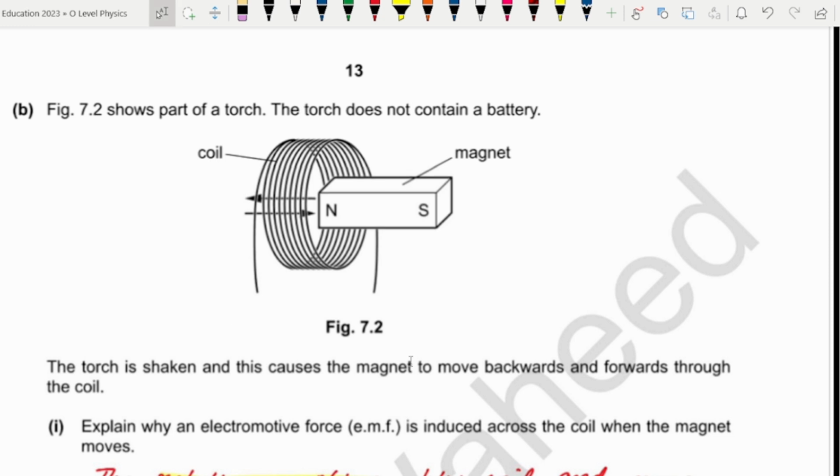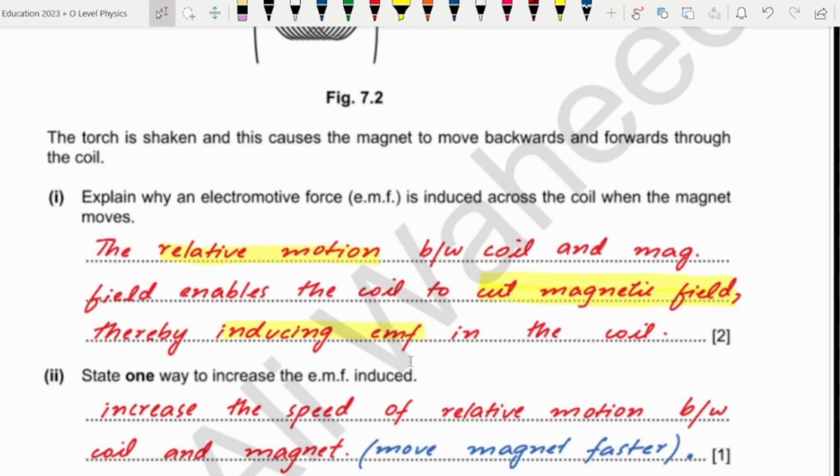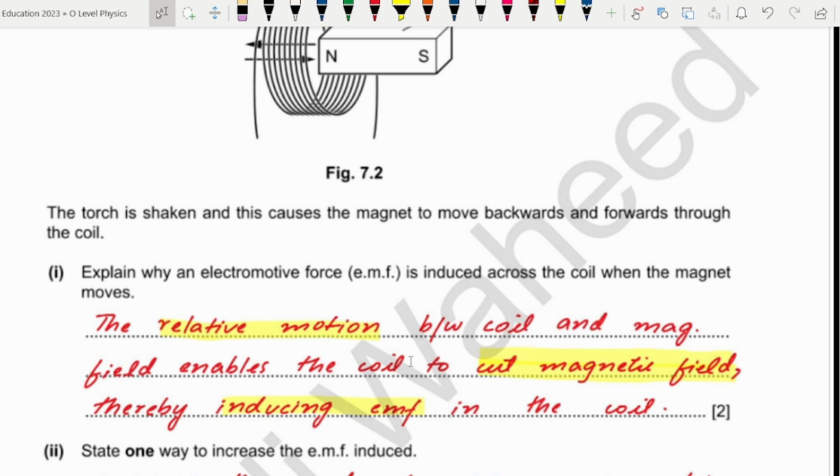So what happens is, as a concept we study, whenever there is relative motion between the coil and the magnet, there is a rate of change of magnetic field, due to which EMF is induced. For every question like this, you can write down the same 2 sentences.